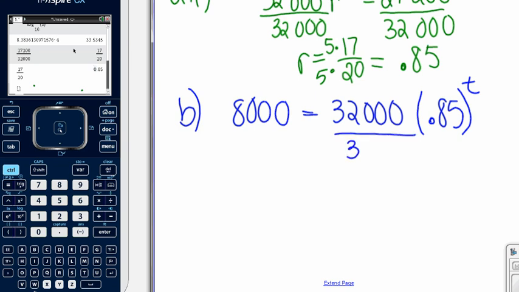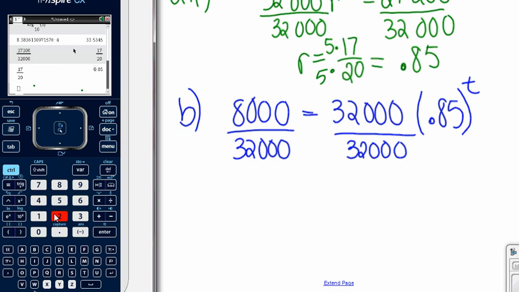So we can divide both sides by 32,000. Okay, so we'll have 8,000 over 32,000, right? But the thousands is going to cancel, so it's 1/4 or 0.25.